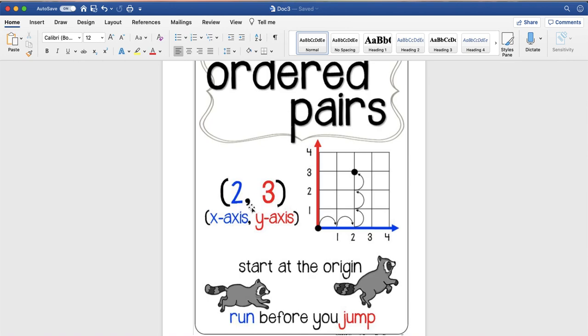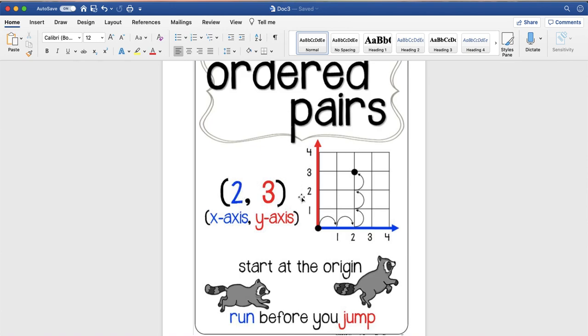In order to write an ordered pair, we need our parentheses and our 2 numbers separated by a comma. We always need that comma, because if we didn't have that comma, I'd be looking at the number 23, and that's not correct.